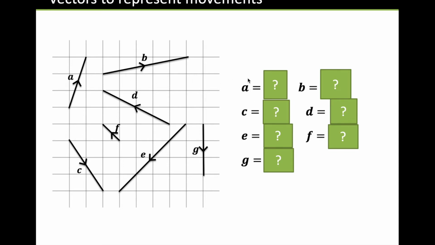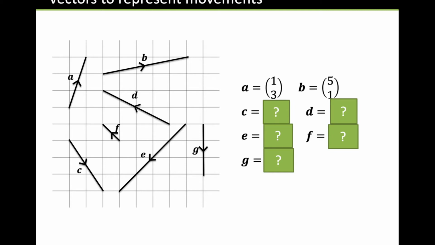Therefore, vector A is equal to 1, 3. Similarly with vector B. Vector B is 1, 2, 3, 4, 5: 5 units to the right and 1 unit up. There you go. So vector B is equal to 5, 1.